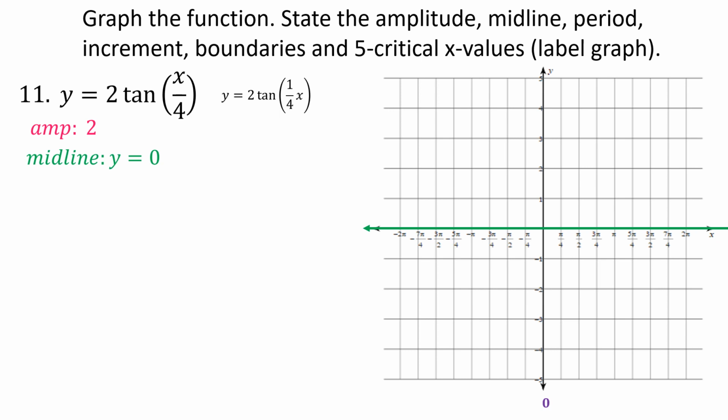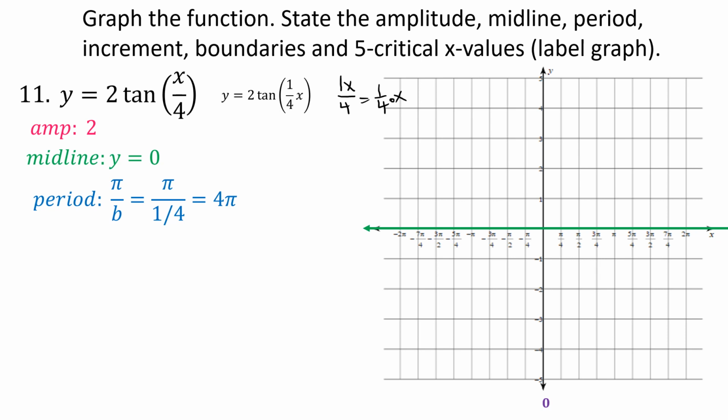And then to get the period, you'll notice I've rewritten this example. We have 2 tangent of x over 4. That is the same thing as 1/4 times x. Remember, it's like 1x divided by 4. So you can separate that out as 1/4 multiplied by x. Therefore, our b value is 1/4. Pi over b is the period.